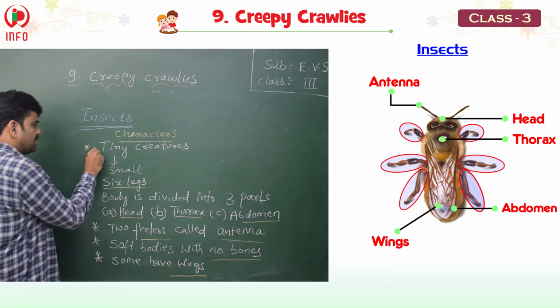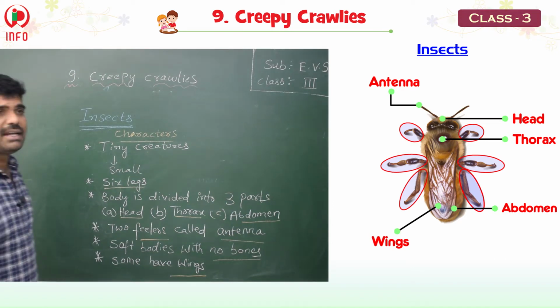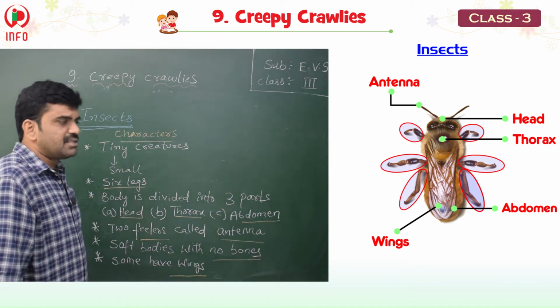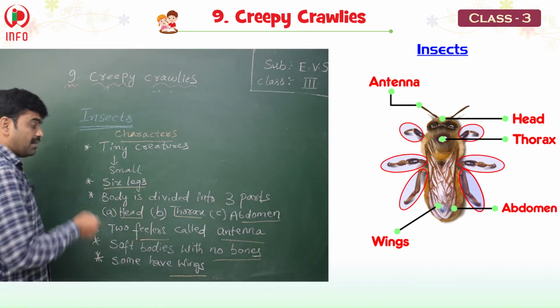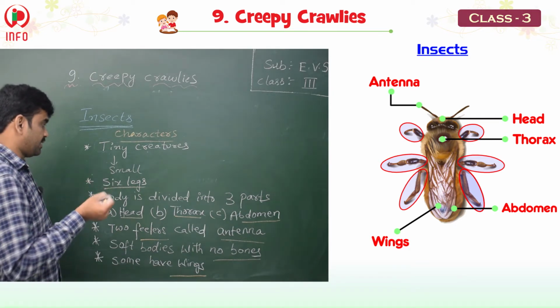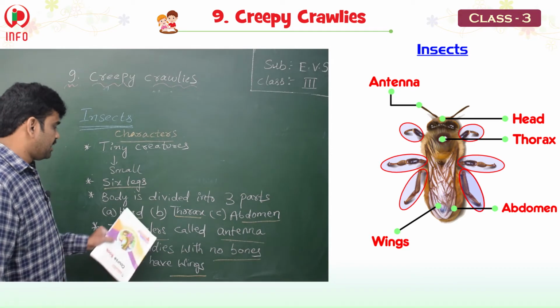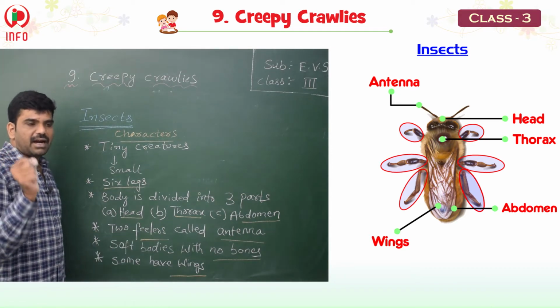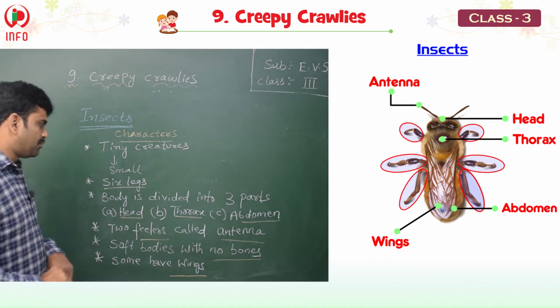Insects have how many legs? Yes, 6 legs. And have you seen the body of the cockroach also? The cockroach is an insect. Like that, all the insect body is divided into mainly 3 parts. First one is head, second one is thorax, third one is abdomen.